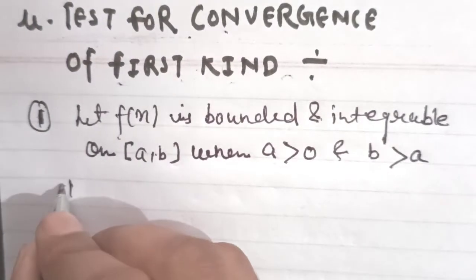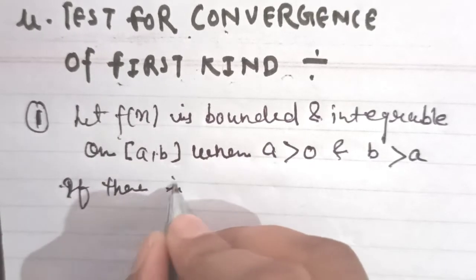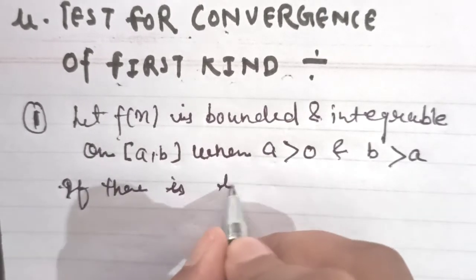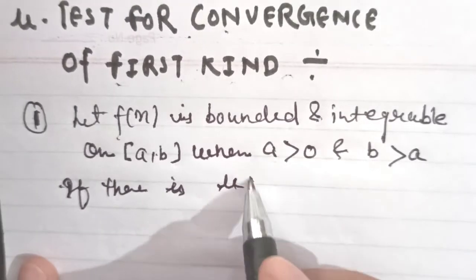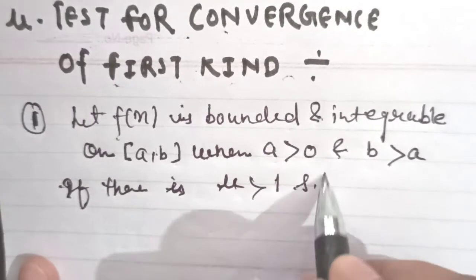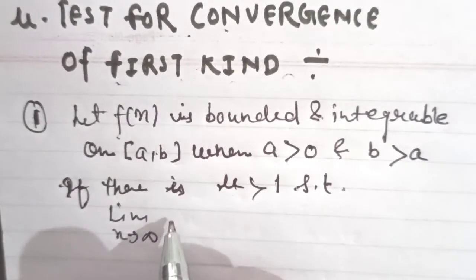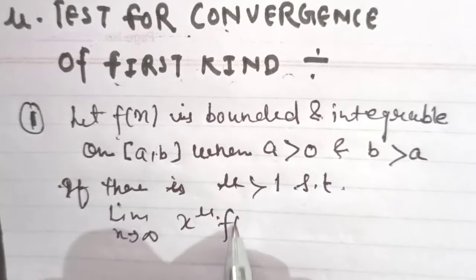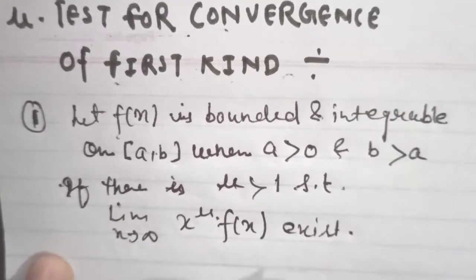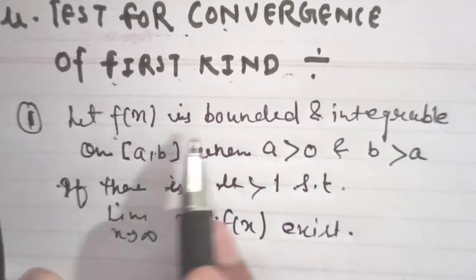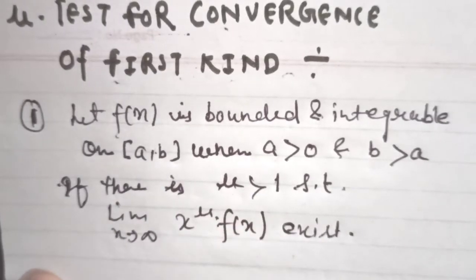If there exists a mu, which is why it is called the mu test, which is greater than 1, such that the limit as x tends to infinity of x to the power mu into f(x) exists, then you can say this is the mu test and the function is convergent.